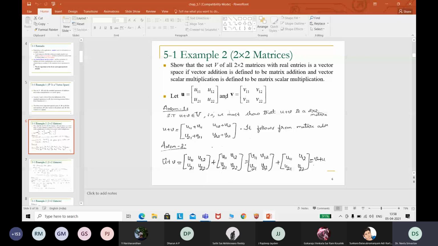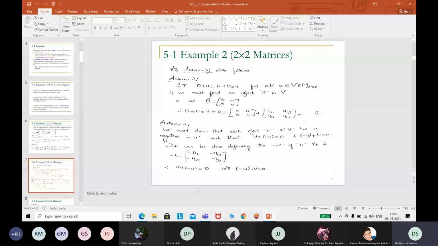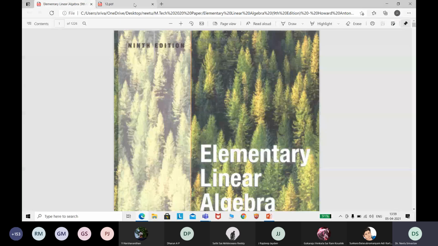So what I do here is I will take the entry 0 E. I will do it on the board. I take E vector as E1, E2, E3, and E4.